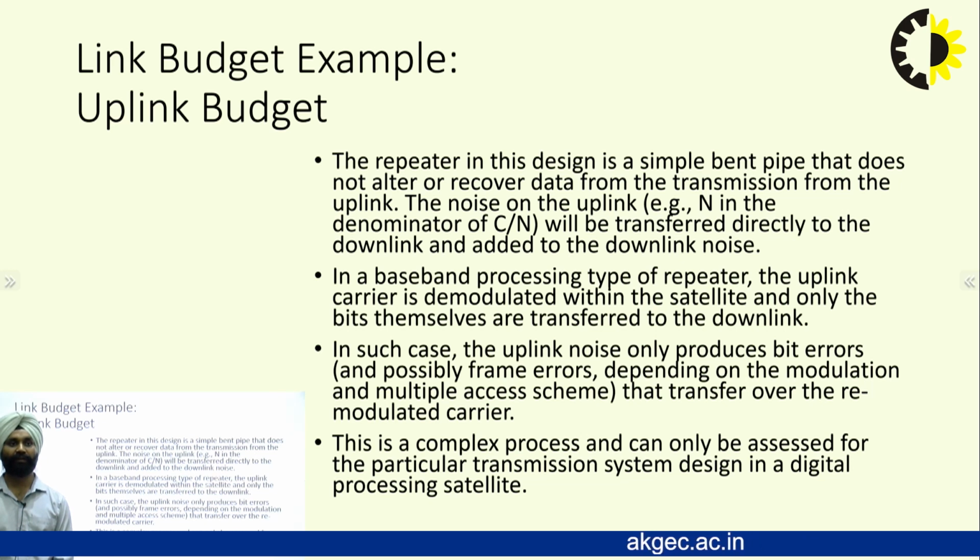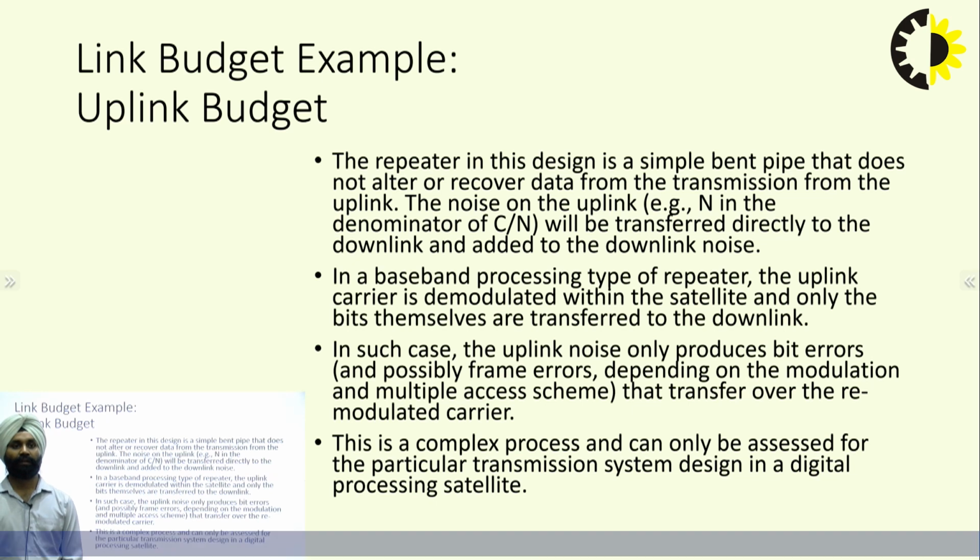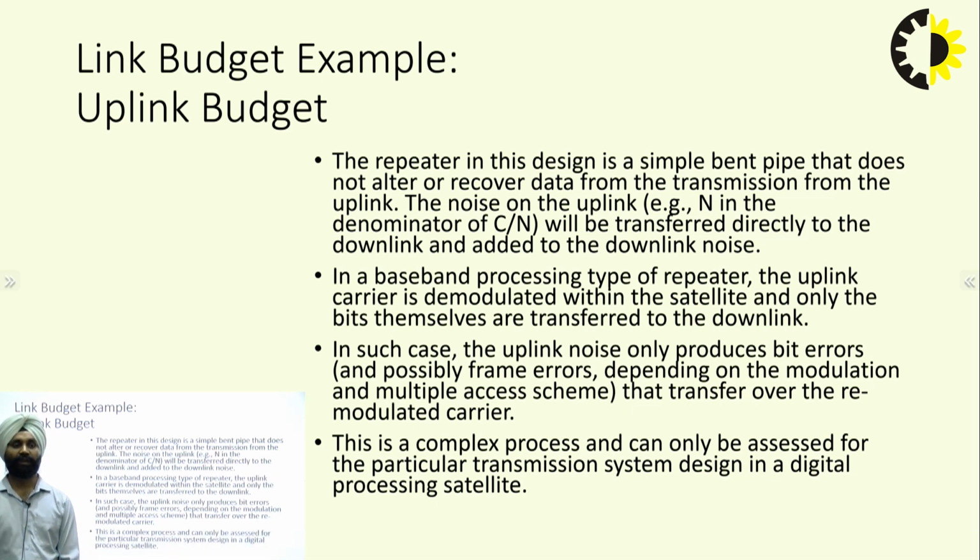In the baseband processing type of repeater, the uplink carrier is demodulated within the satellite and only the bits themselves are transferred to the downlink. In such a case, the uplink noise only produces bit errors that transfer over the remodulated carrier.